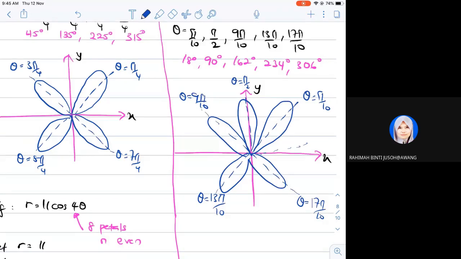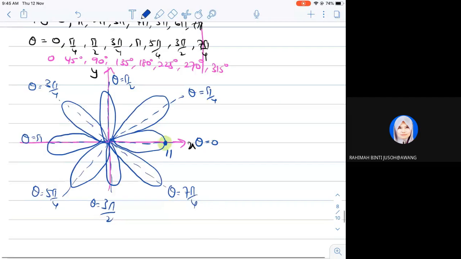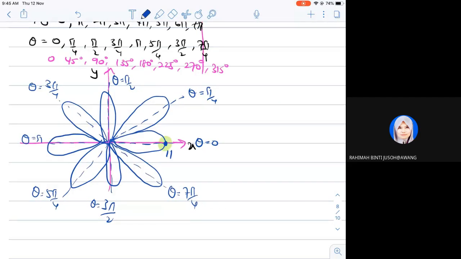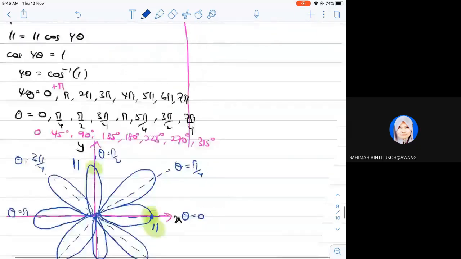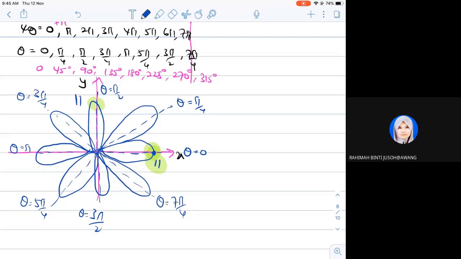Okay, and then kalau you boleh plot coordinate macam ni, in your test, better plot the coordinate. For example here, 11. You kena plot titik tu 11. Kalau kat sini, you boleh plot juga. Okay? Lecturer, we look at your number of petals, correct number of petals, and then the position.